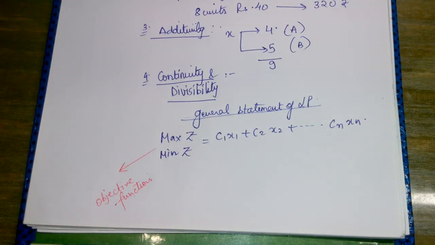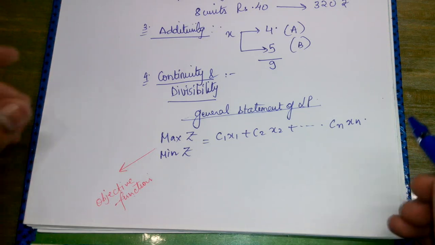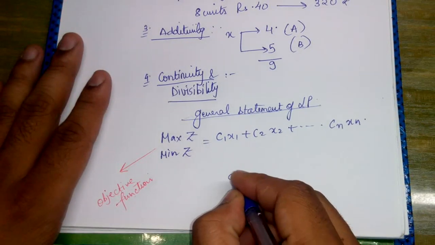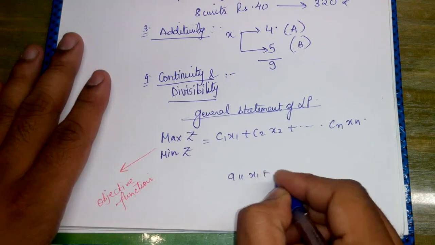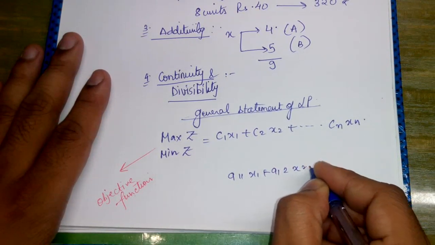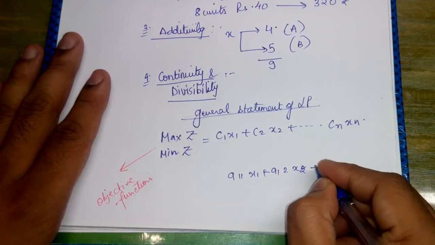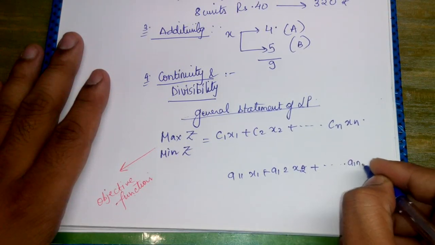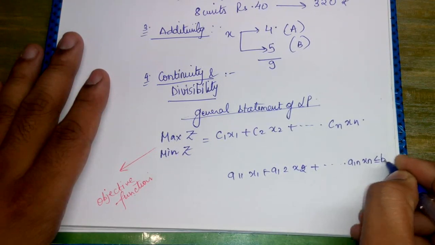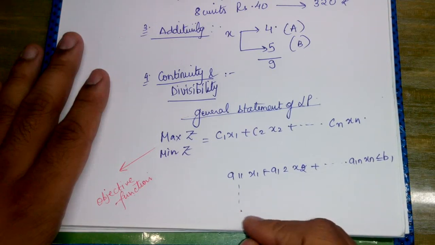Now the constraints or the conditions will be given as a11 x1 plus a12 x2 plus so on a1n xn less than or equal to b1, and so on.